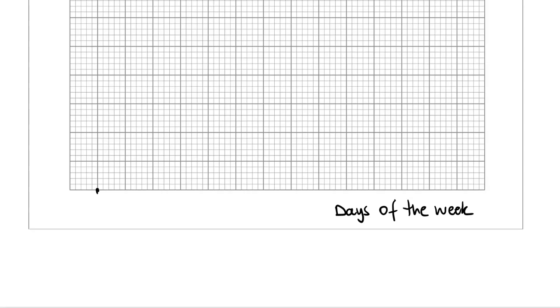I'm going to leave a gap and give it a 2 square width, and then leave a gap again, 2 square width, a gap, 2 square width, gap, 2 square width. So Wednesday, Thursday, Friday, and Saturday.